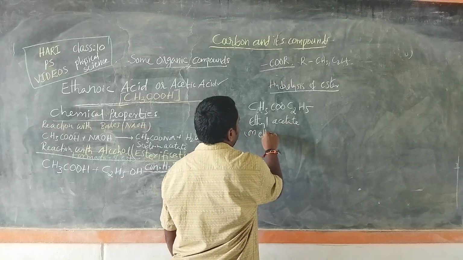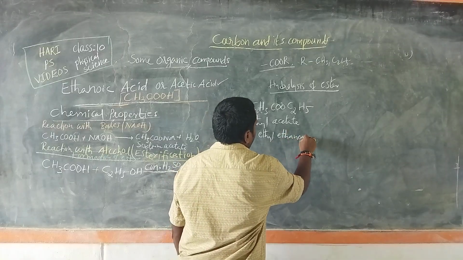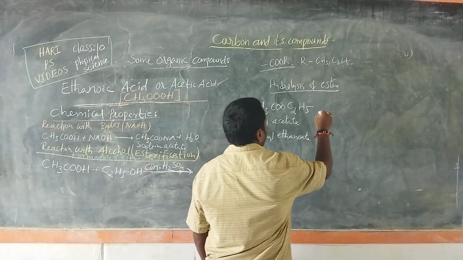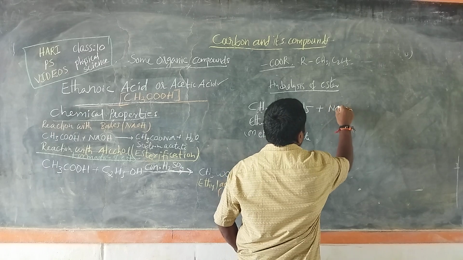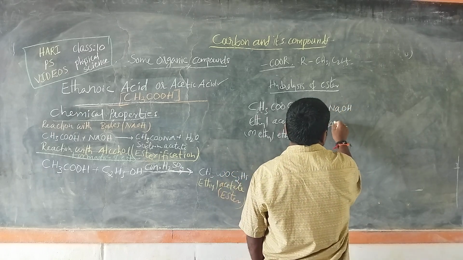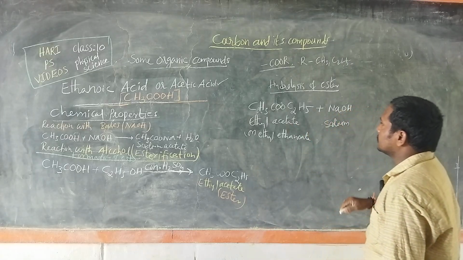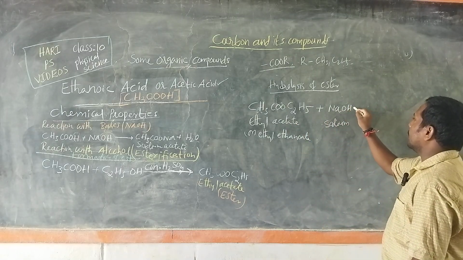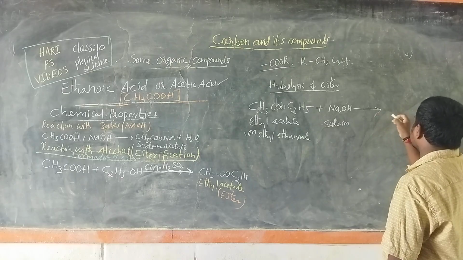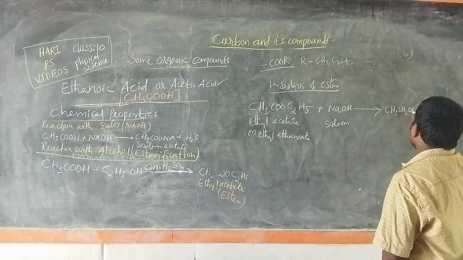or ethanoate, is combined with sodium hydroxide. When ester is heated with sodium hydroxide, it gives CH3CH2OH, nothing but alcohol.